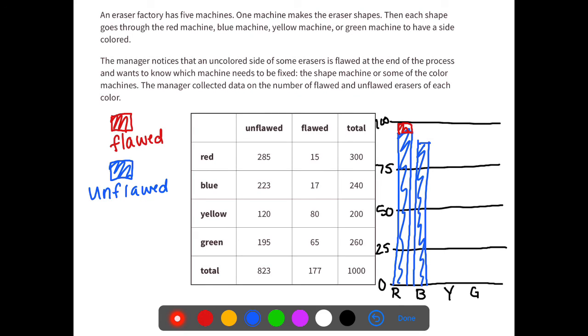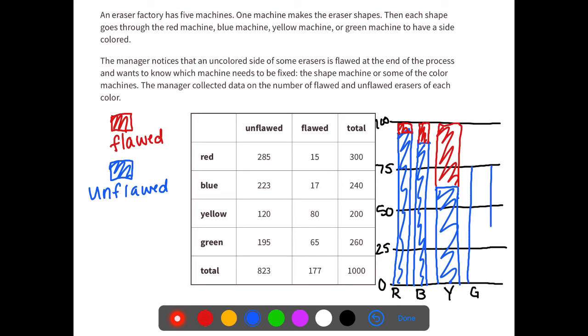So it's a little less unflawed and more flawed. And then the yellow is pretty bad. It's just below or above 50%. So that one's pretty flawed. And then the green, that one's pretty flawed also. That one is at 75%. And then the other 25 is flawed.